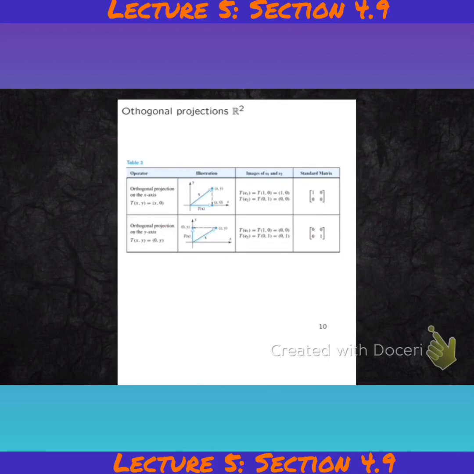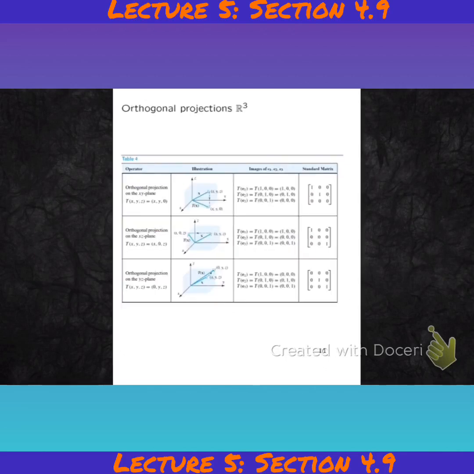Then you can also get projections in R3. There you get an orthogonal projection onto various different planes. You can get it on the xy plane, the xz plane, or on the yz plane. If it's the xy plane, you are making z 0. If it's on the xz plane, you're making y 0.